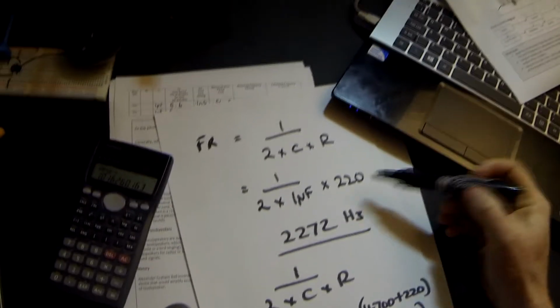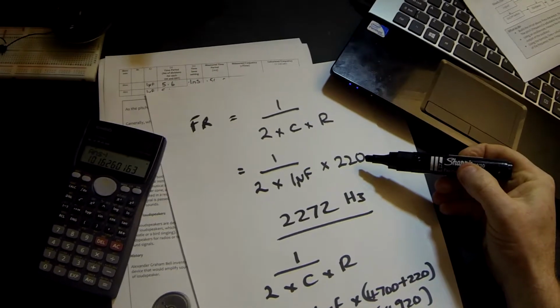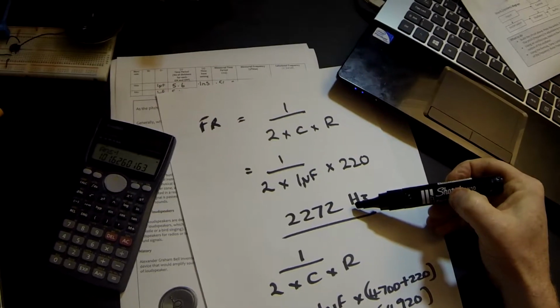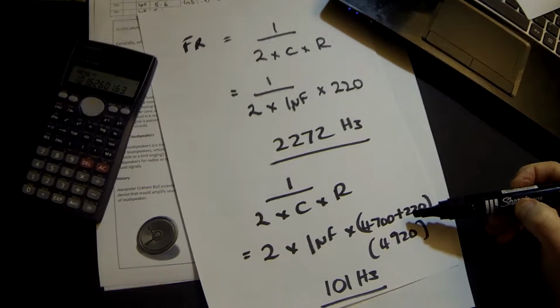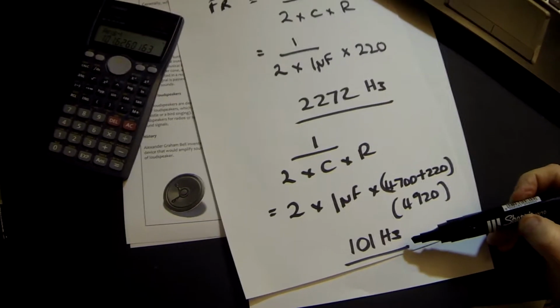So obviously when we use the minimum value of resistor, it gives us the maximum frequency, and when we use the maximum value of resistance, it gives us the minimum frequency.